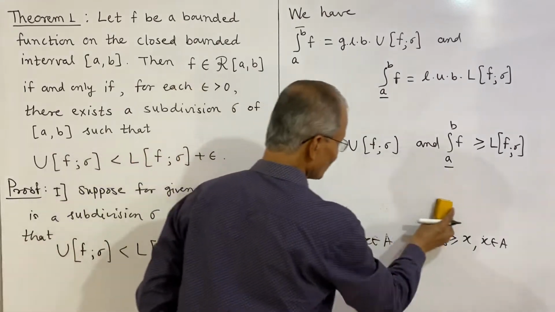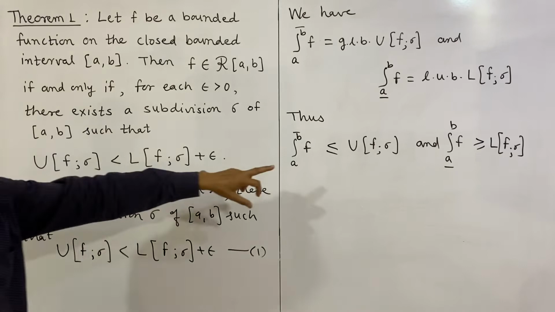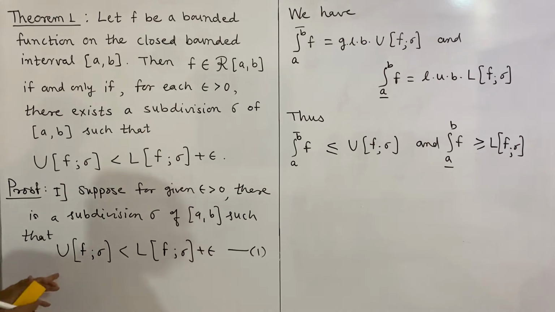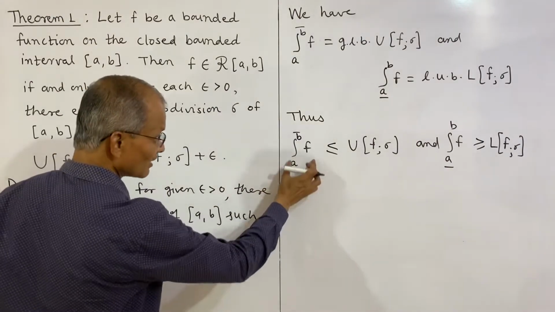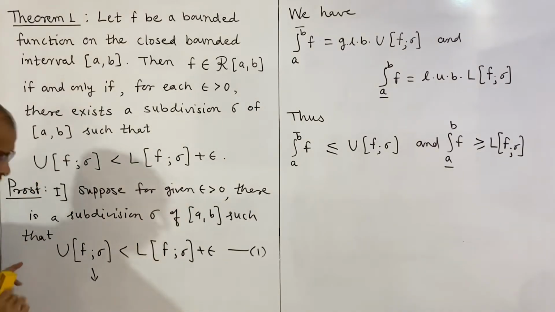And thus what we shall do is, we use these expressions in the first inequality. So this is the upper sum, and this upper sum we now replace by the upper integral, which is smaller than this. That means we are decreasing this quantity.